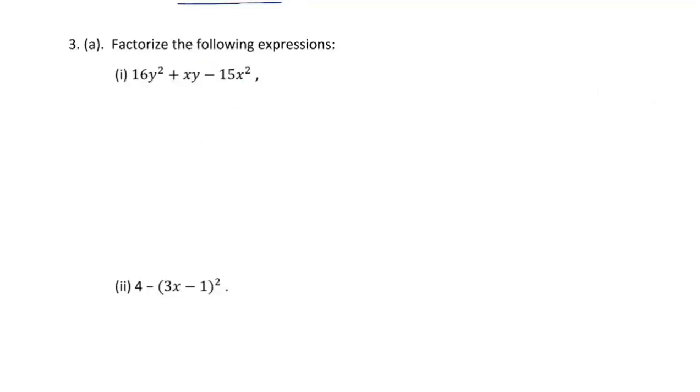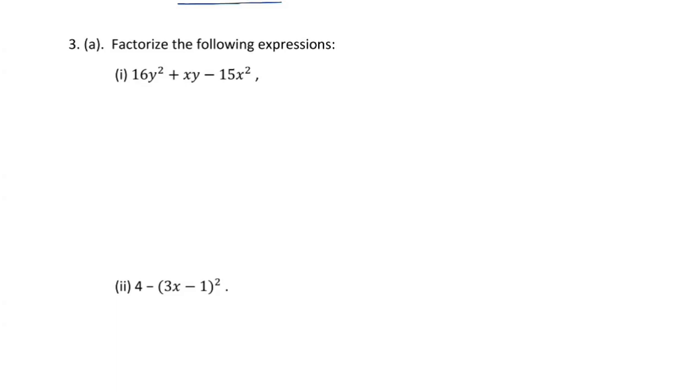Okay, so we are moving on to question number 3, part A. Factorize the following expressions. Okay, so Roman 1, we have 16y squared plus xy minus 15x squared. Okay, so we see this is an algebra problem.